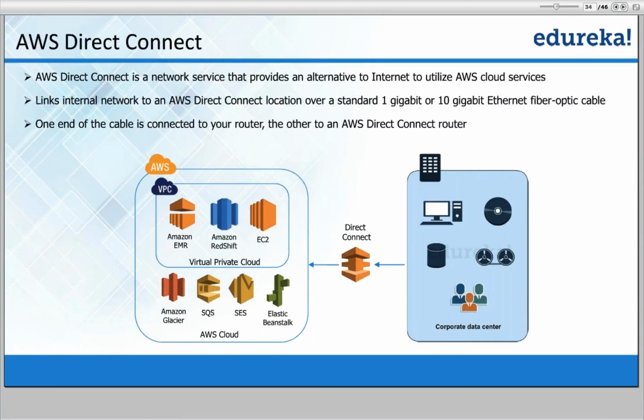But once you have this Direct Connect established, you have a dedicated connection bypassing the internet, and you can essentially send and receive data over this network. The benefit is you can connect to all the services that we are looking at, EC2, S3, Glacier, etc. over this Direct Connect.